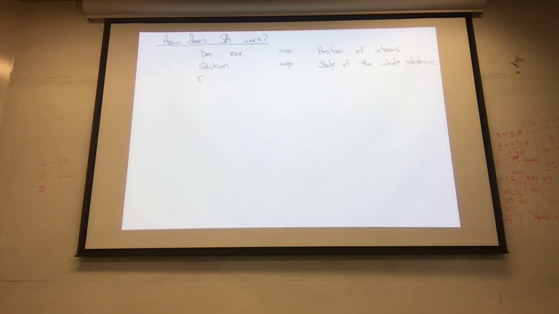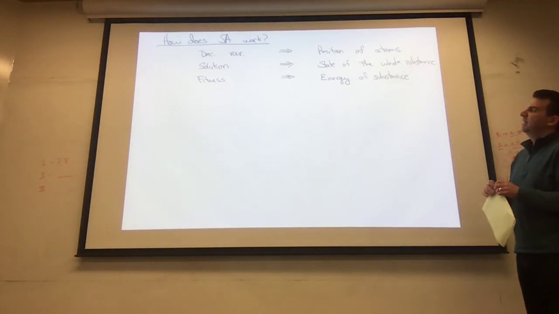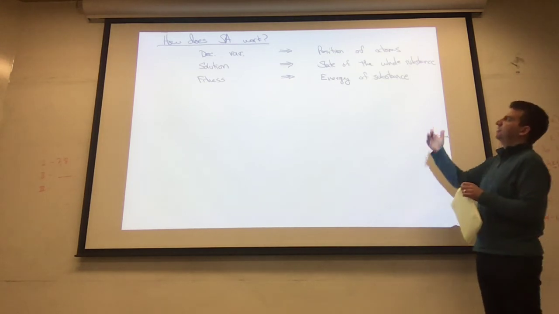The fitness you can think of as the energy of the substance. Although people say that, I don't quite like that definition. I guess it's sort of like the potential energy of the substance.